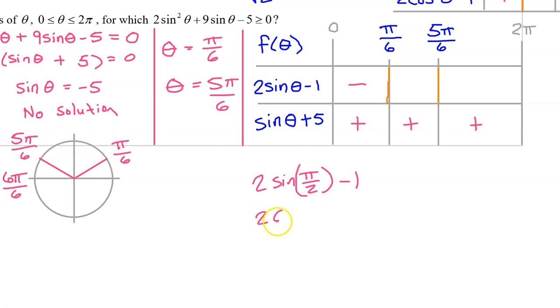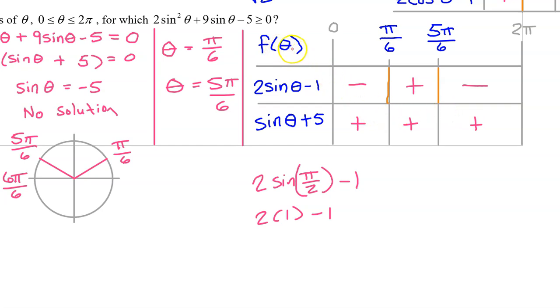So this would be 2 times 1 minus 1, which is 2 minus 1, which is positive 1. For the last interval, we can use the test value of 2 pi, which will work exactly the same as plugging in 0. We got a negative before, we are going to get a negative again.